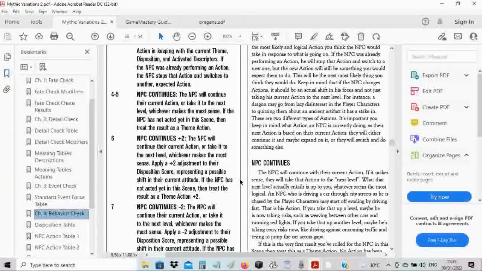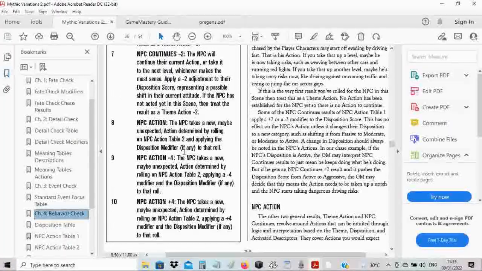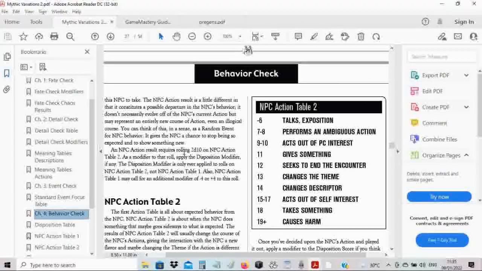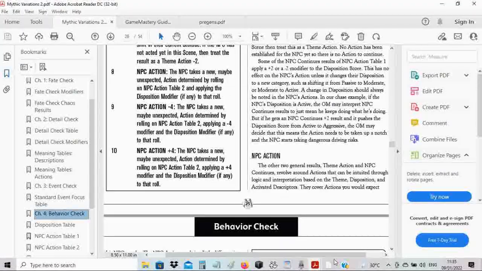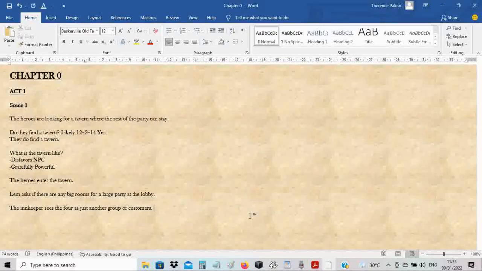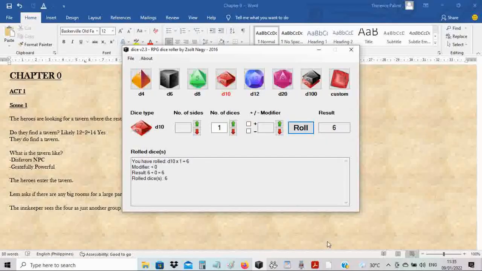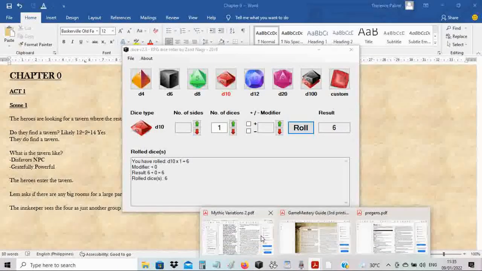NPC continues, so technically he's just continuing his action as an NPC, and continues shuffling papers before answering. So again, we'll consult the fate chart, or the miniaturized version thereof.